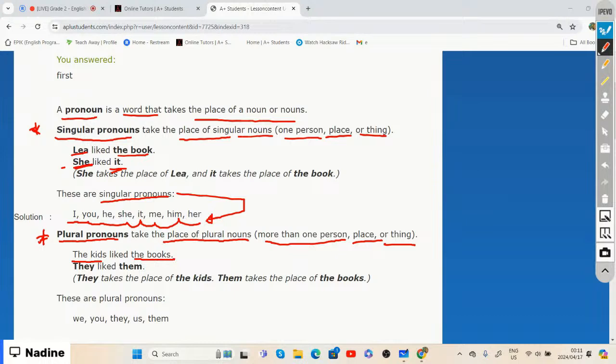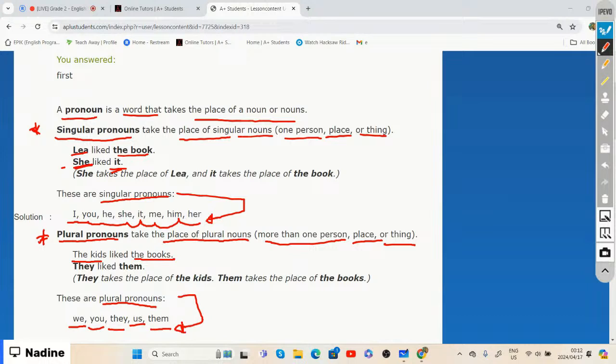Now we're going to replace the words the kids and the books with plural pronouns. We must replace them with a plural pronoun that is either we, you, they, us, or them.